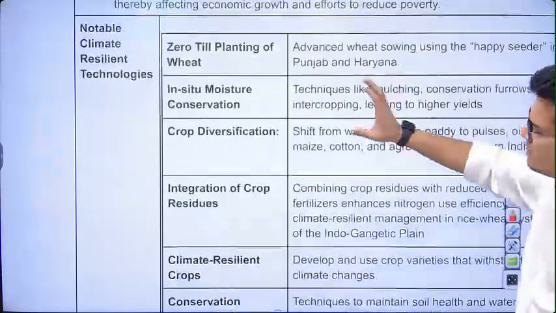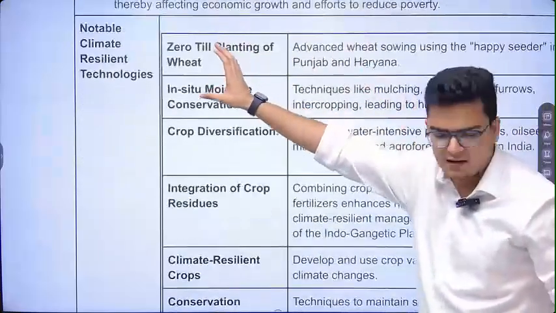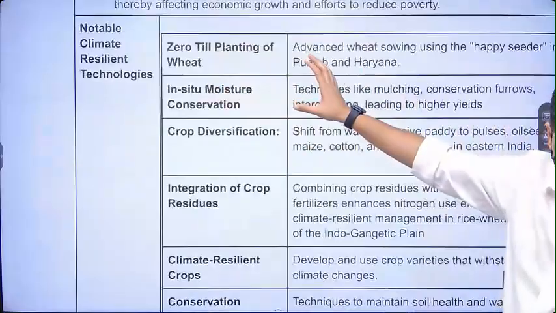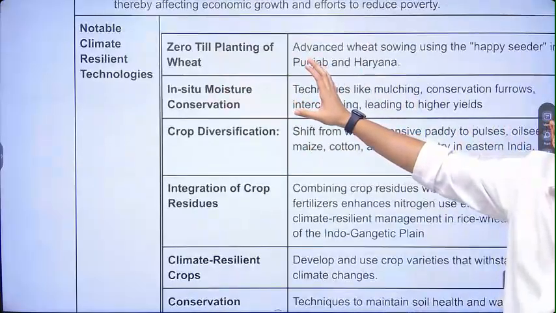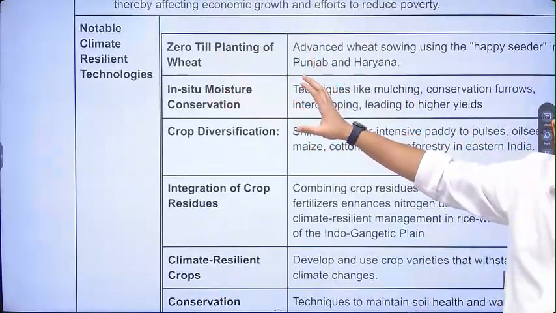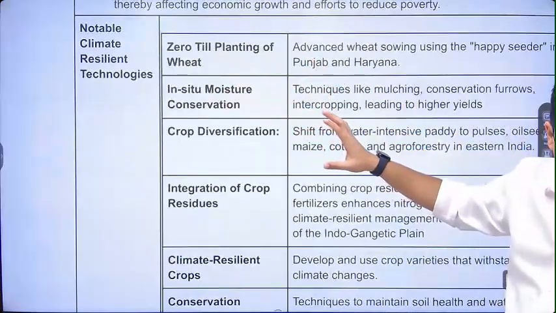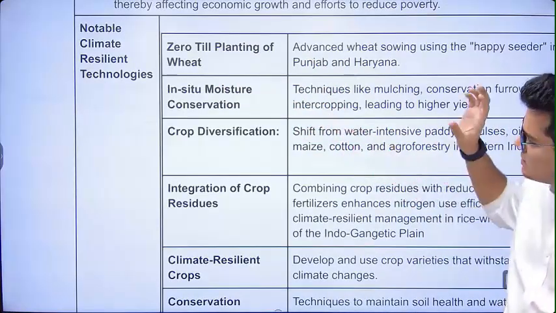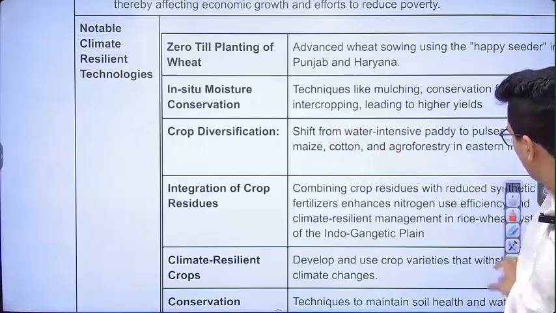There are certain notable climate resilient technologies.